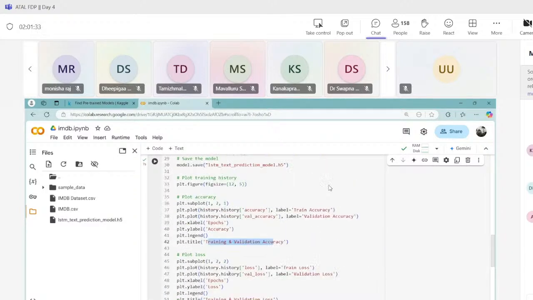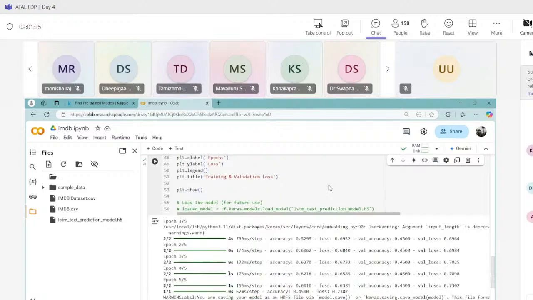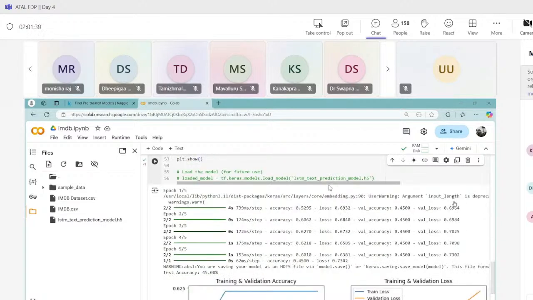When I execute this particular coding, I have given only 5 epochs. If you see, iteration 1/5, 2/5, 3/5, 4/5, 5/5. So what is the time taken for the first iteration? 739 milliseconds per step. The second iteration takes 174.